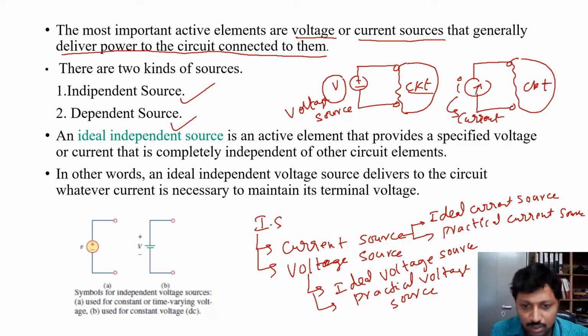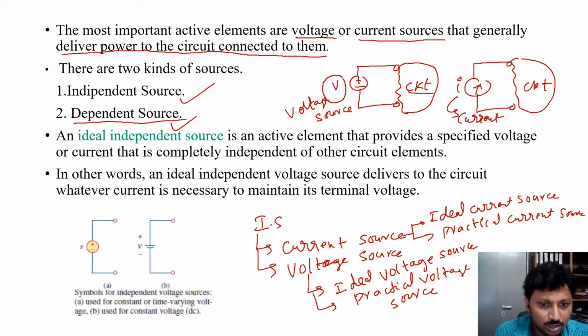So we are going to discuss ideal current source, practical current source, ideal voltage source, and practical voltage source. After this we are going to discuss the dependent source, right?